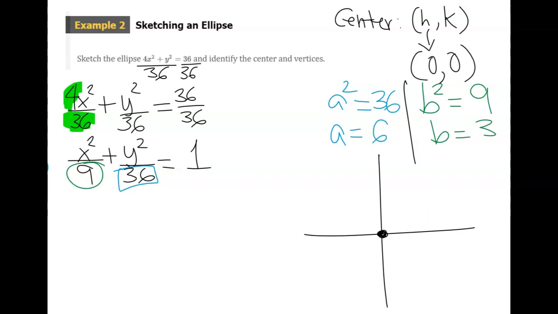Major axis, vertical axis, and it's going to be 6 units above the center. So it will be right there. And it will also be 6 units below the center.